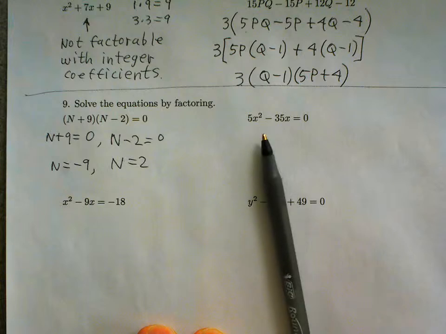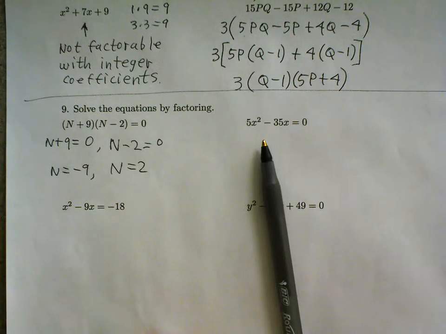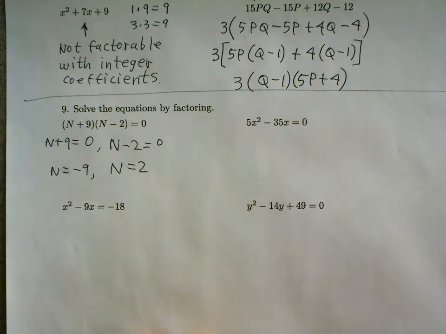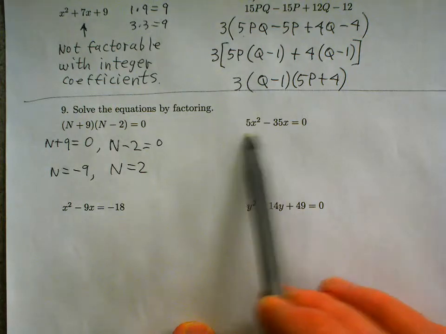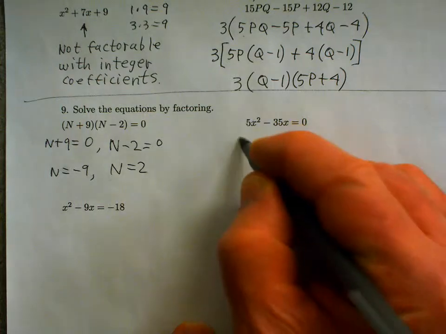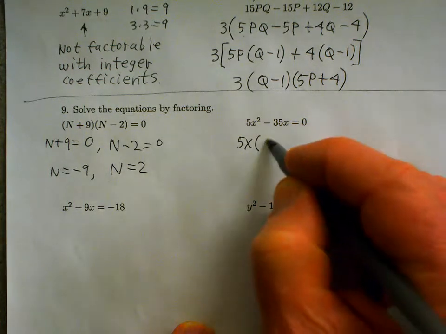So what are the factors of the left-hand side? 5x times x minus 7. Yeah, the greatest common factor is 5x, and then when we factor 5x out, the other factor is x minus 7.